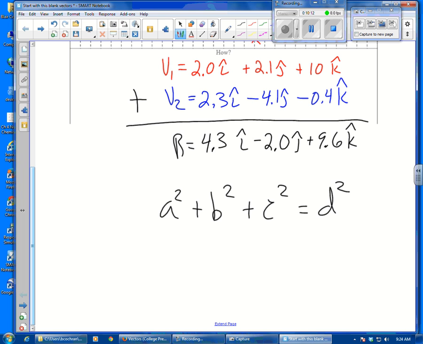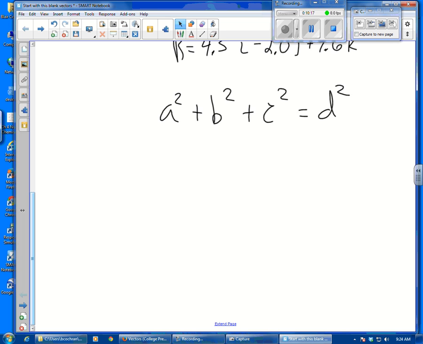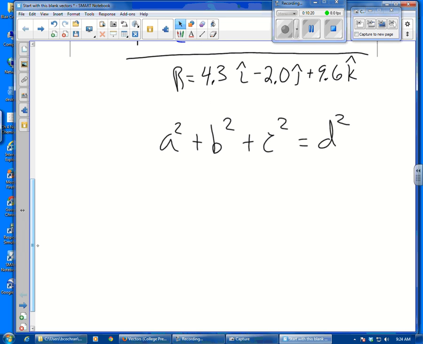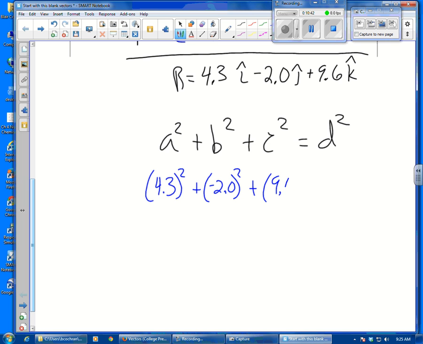And so, at this point, I have my components. It doesn't matter, just like it doesn't matter which one's A or B in the triangle. The three components are the A, B, and C. So I'm going to have 4.3 squared plus negative 2.0 squared plus 9.6 squared equals my R squared.